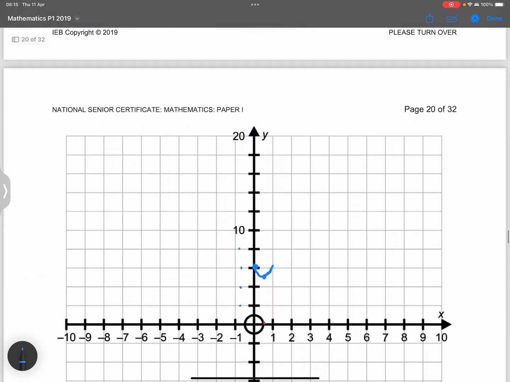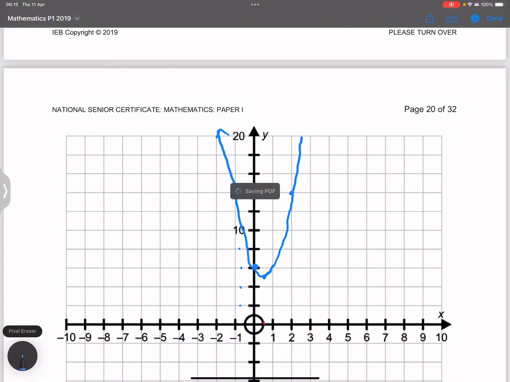So at negative 1, I'll have 14. That means it will be the same at 2 as well. All right, so my parabola looks something like this, and it will just keep going. So that's what our parabola looks like.